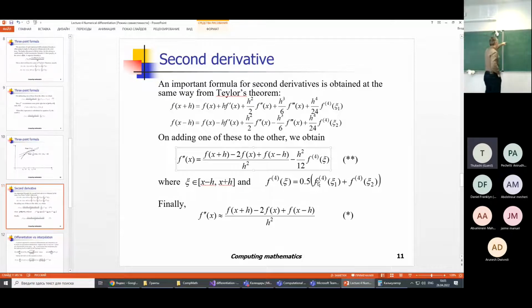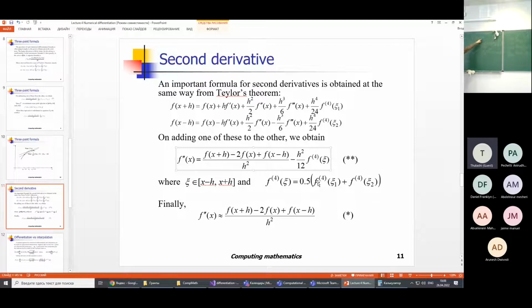If we consider the function x squared, what is the fourth derivative of this function? This is the first, this is the second, the third derivative. The third derivative will be 6.